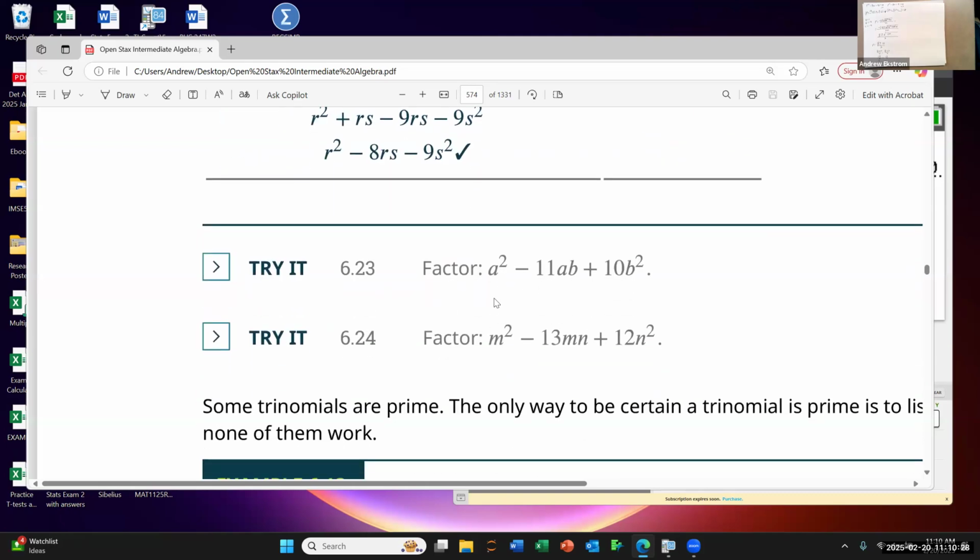So if we look at these, just to do another example problem that's similar, I'm going to look at, let's say m squared minus 13mn plus 12n squared. And I'm going to say that's equal to y.